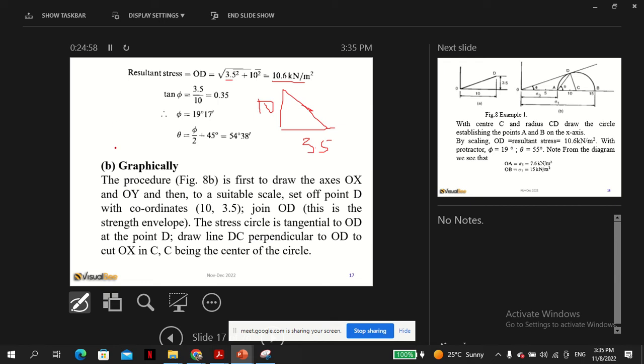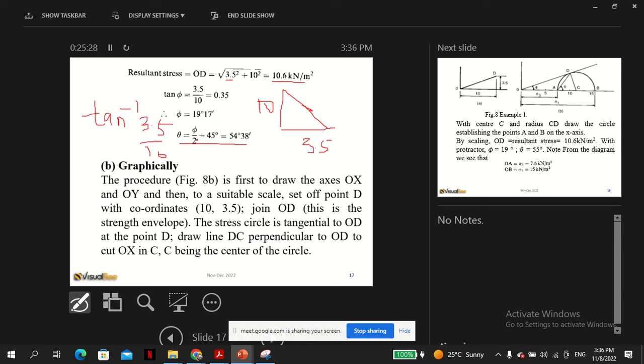Phi is basically the tan inverse of 3.5 over 10, and theta can be calculated this way. So that's in terms of calculation.